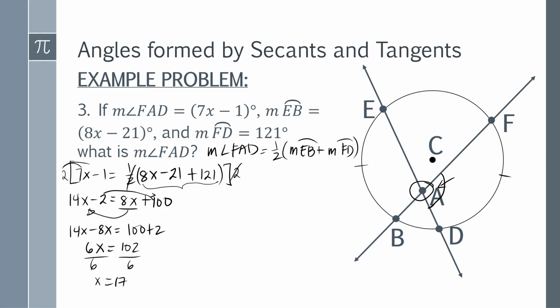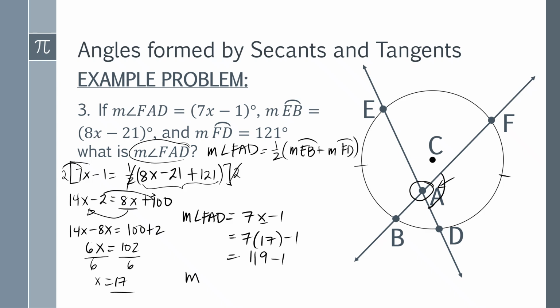We're not yet done because we are finding the measure of angle FAD. So the measure of angle FAD is actually equal to 7x minus 1. Then you have to replace the value of x with 17. So therefore, 7 times 17 minus 1. 7 times 17 is 119, minus 1.